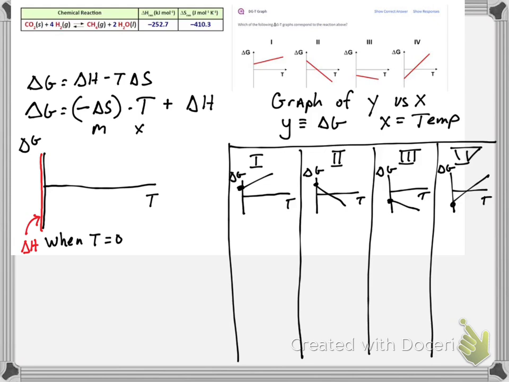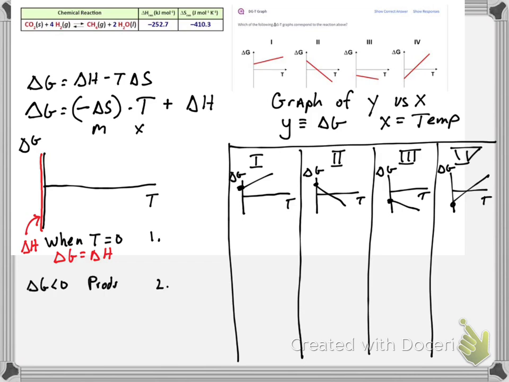So we take the value of delta H and put it along the y-axis. If it's negative, it's below, and if it's positive, it'll be above, right on this axis. So delta G equals delta H. That's the first thing we're going to do.